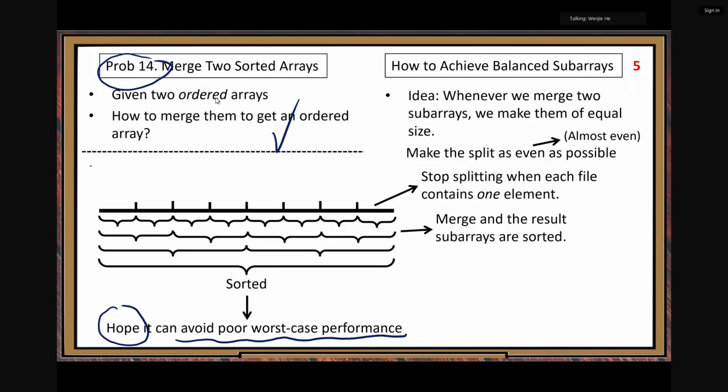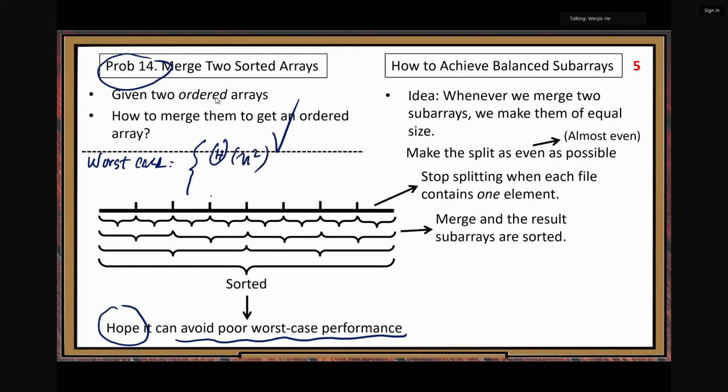When we talk about the worst case, the previous three sorts, selection, bubble, and insertion, have a worst case of big theta of n squared, right?